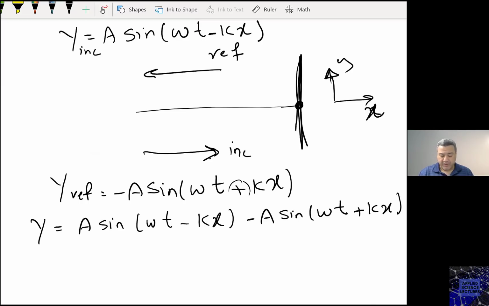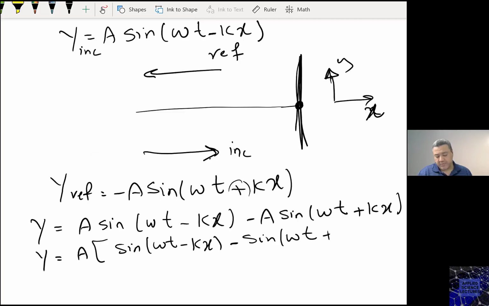kx). Now, if I take the a outside, then I have sine(ωt − kx) minus sine(ωt + kx).